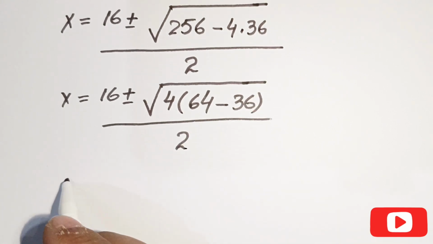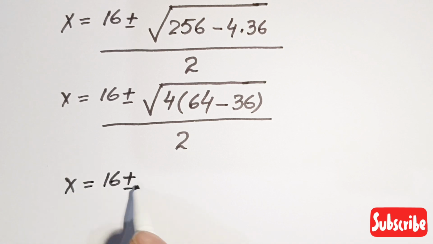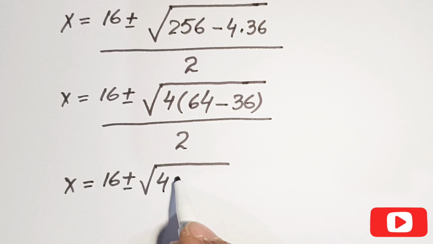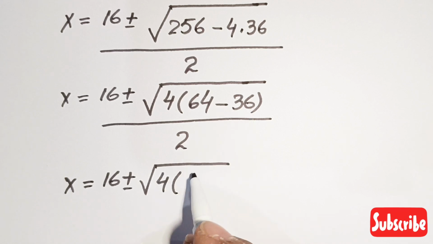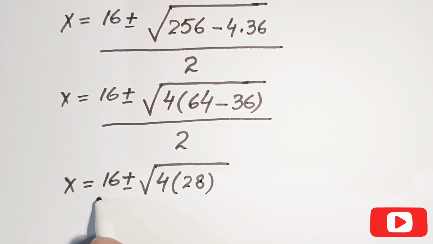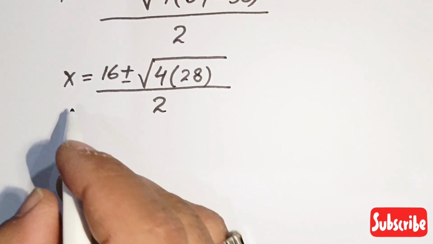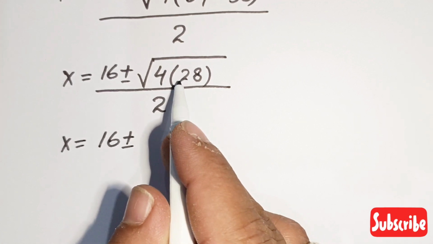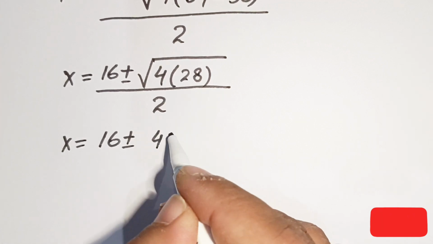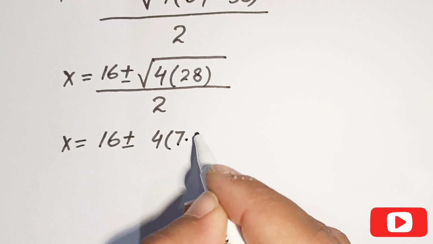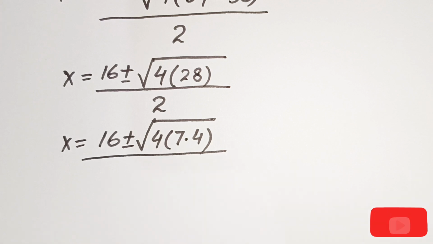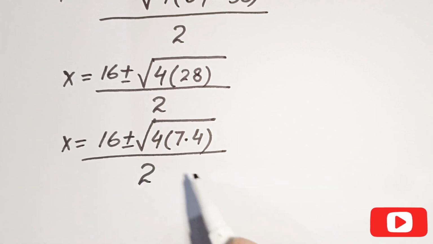Now x is equal to 16 plus minus square root of 4 times 64 minus 36, here we get 28, all over 2. Now our next step: x is equal to 16 plus minus square root of 4 times 28, which is 7 times 4, all over 2.